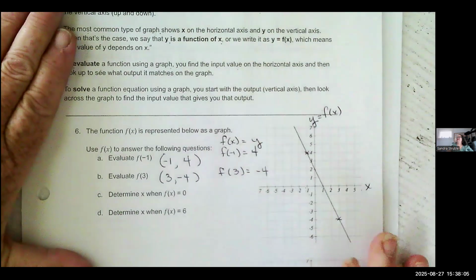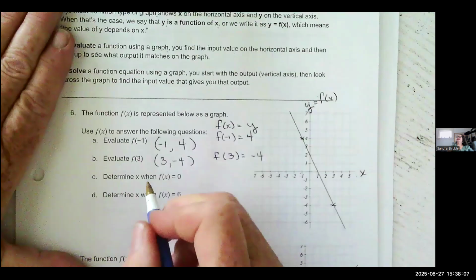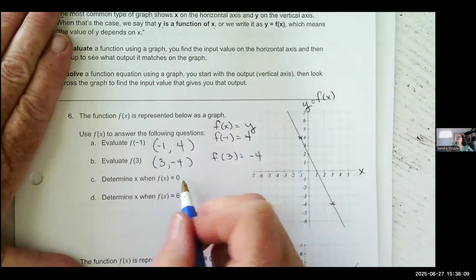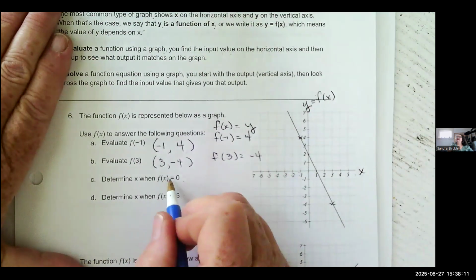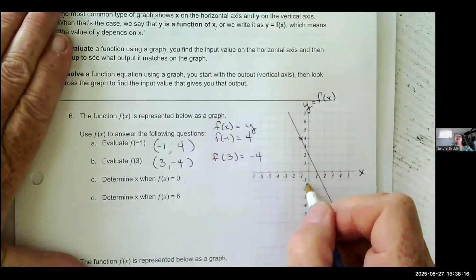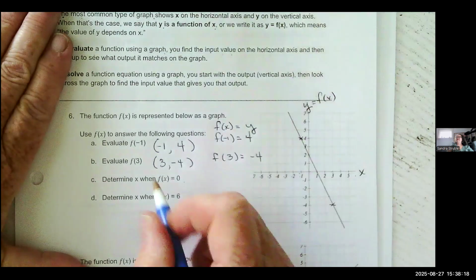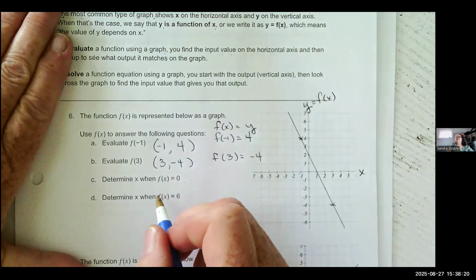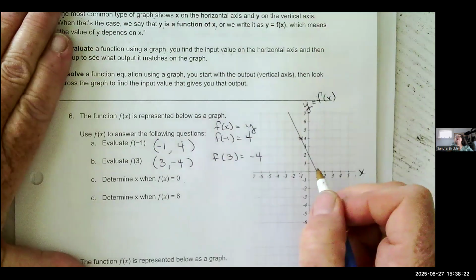Next one, determine x when f of x is 0. What this means is when y is equal to 0, which is right here, what is x? So when y is equal to 0, what is x?